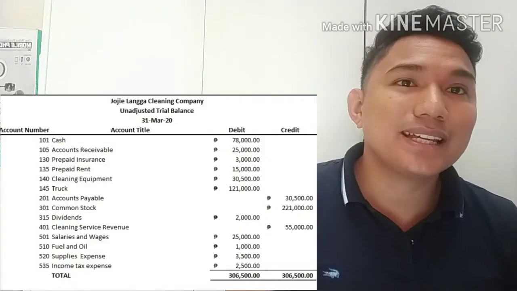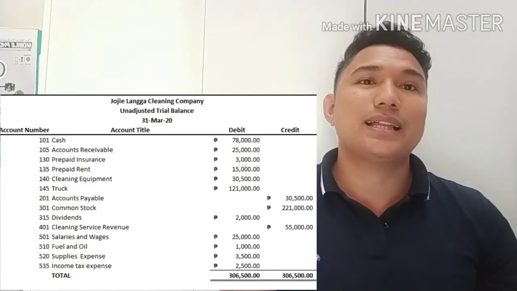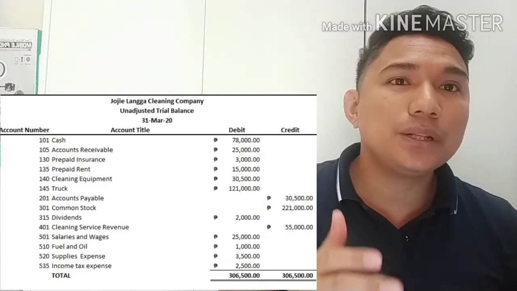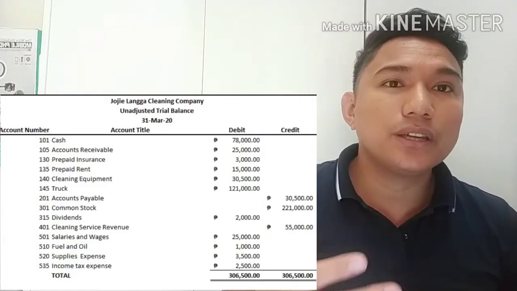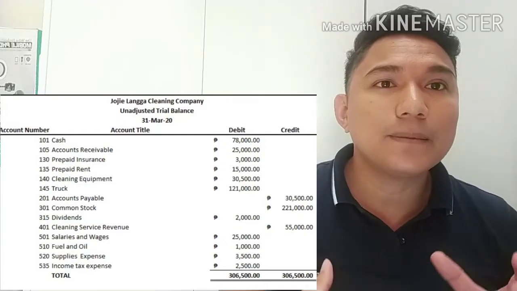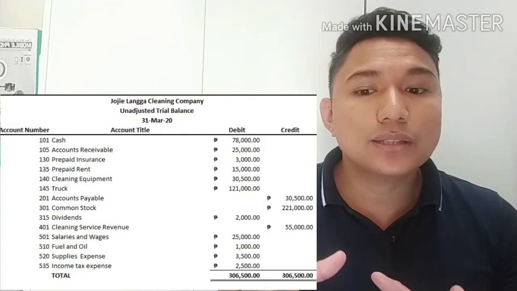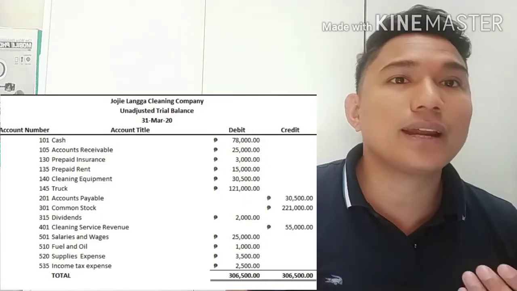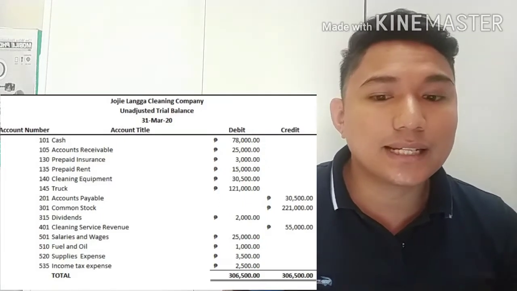The next step is to transfer all the balances into an unadjusted trial balance. In the unadjusted trial balance, we will know if all the amounts, all the accounts that we transferred to the ledger are correct, or if all the debits and credits are equal.